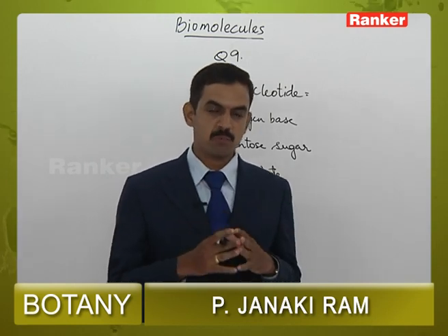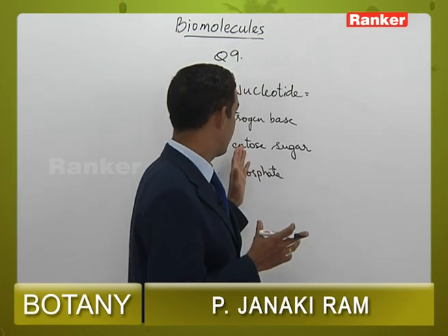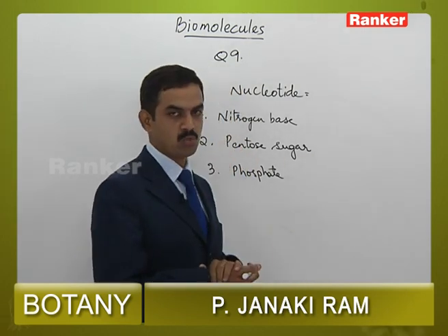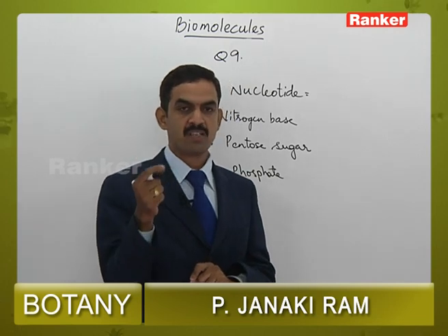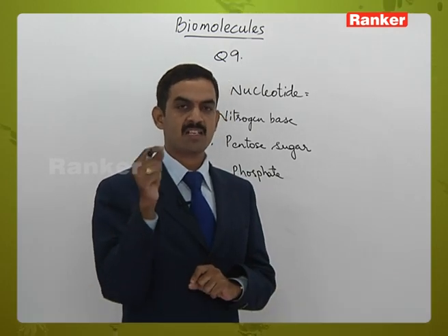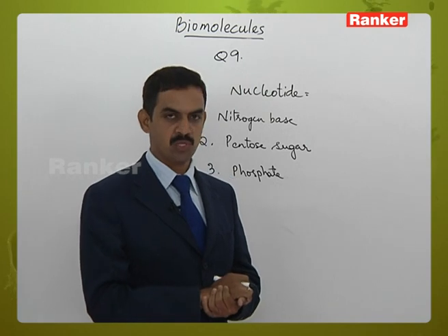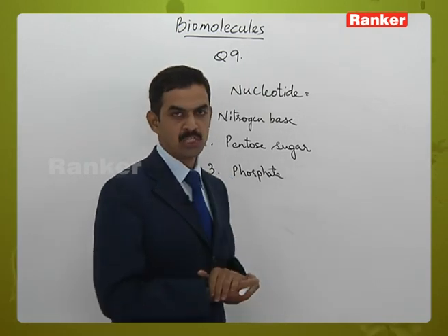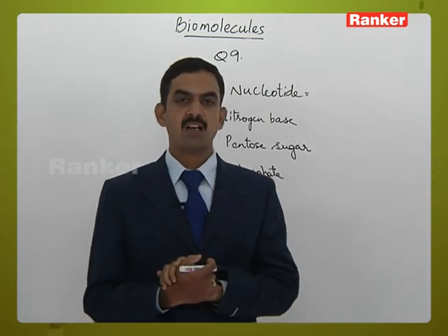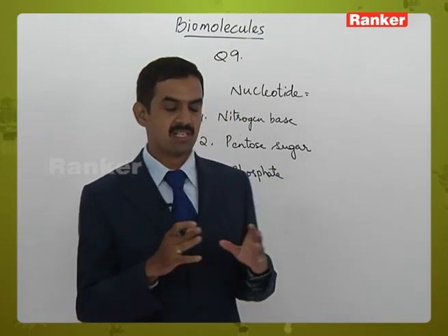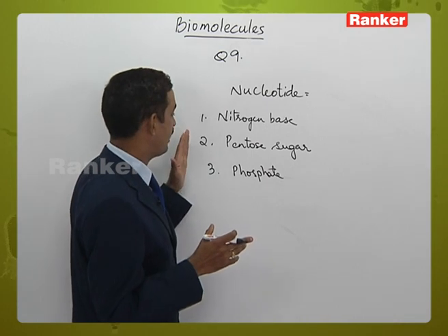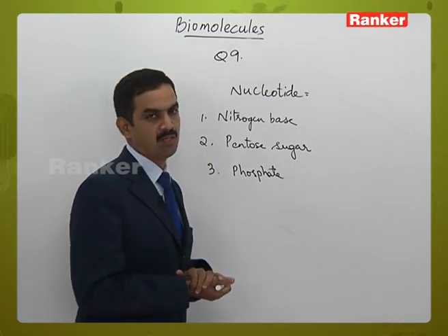The basic difference between ribose sugar and deoxyribose sugar is that deoxy means the sugar molecule has 1 oxygen less than the ribose sugar. Then the phosphate molecule. The phosphate molecule is PO4 minus, or we can say phosphoric acid. So these are the 3 components which are part of the nucleotide molecule.